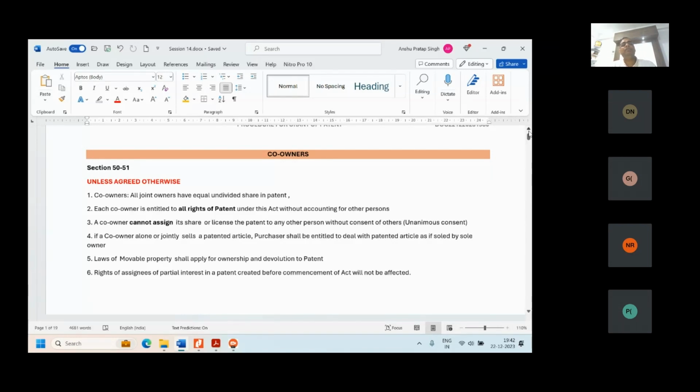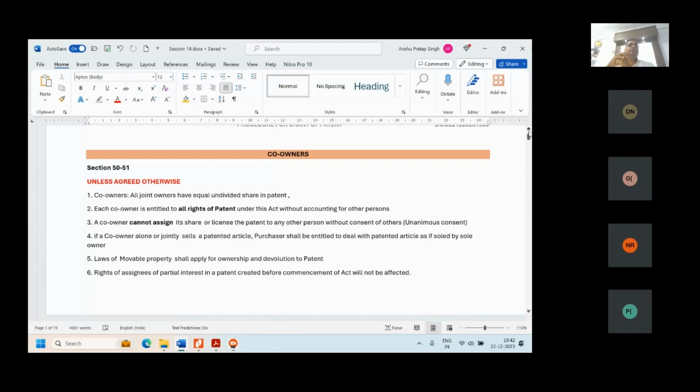Suppose it was 10,000 square feet area, then 2,500 square feet is divided to each person. But here, a patent cannot be divided like that. So you will always have an equal undivided share because there cannot be a partition.